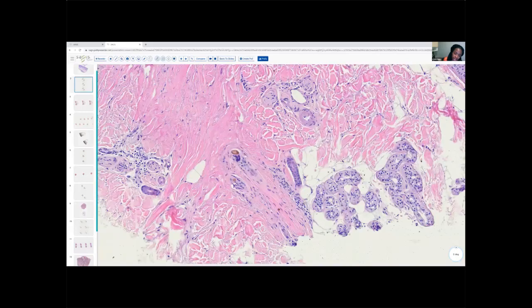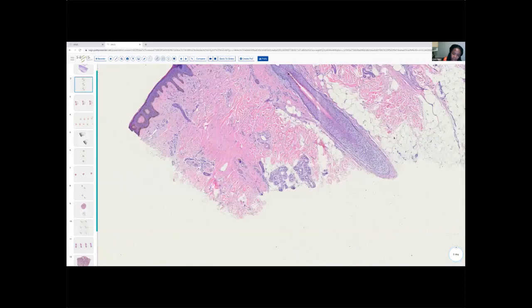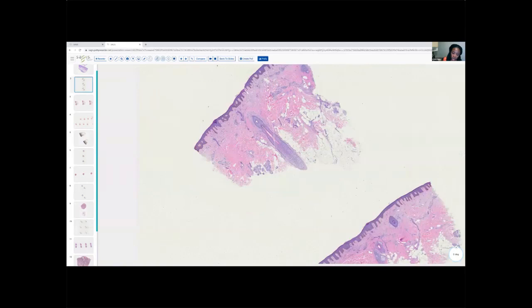So this is a melanin cast. We have another one here. So these are hair follicles that have these pigment or melanin casts, which is very typical of a traumatic process such as traction alopecia or trichotillomania, and that's the diagnosis here.